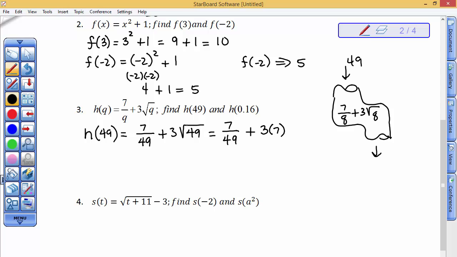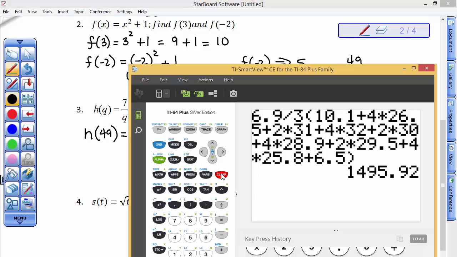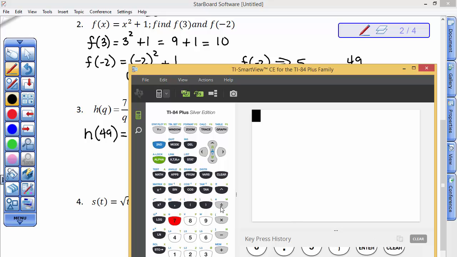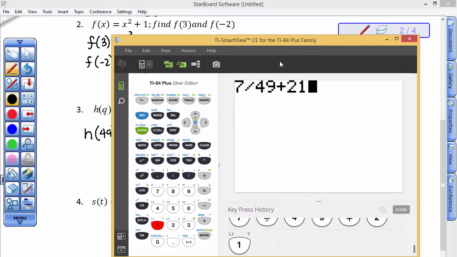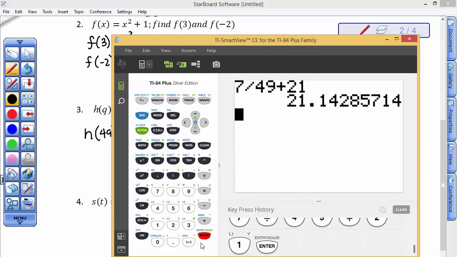So now it would be easier for me to type in 7 divided by 49 plus 21, and the calculator happens to know order of operations, and it gives you 21.14 or so.